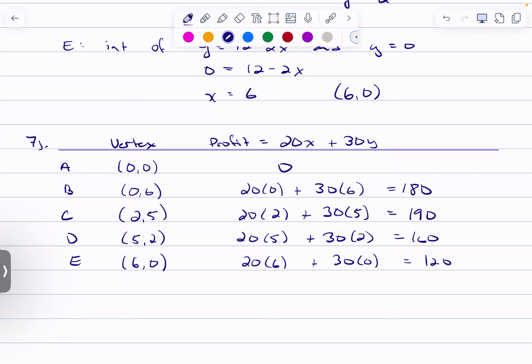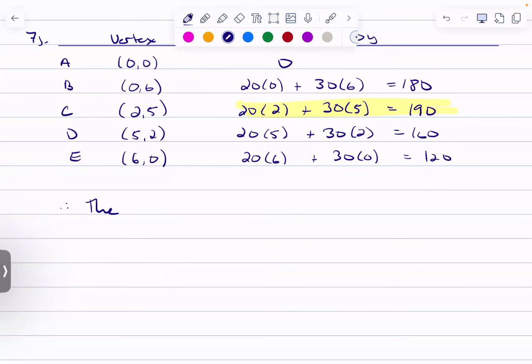If you're choosing between all these profits, you choose the pink one. This is the maximized profit, producing 2 regular items and 5 premium items.